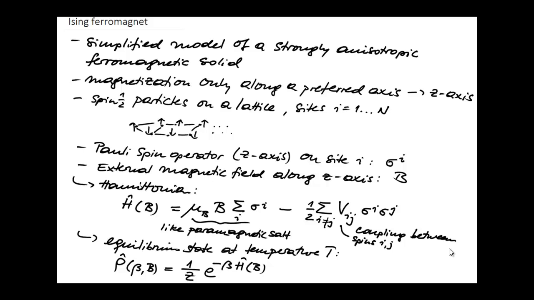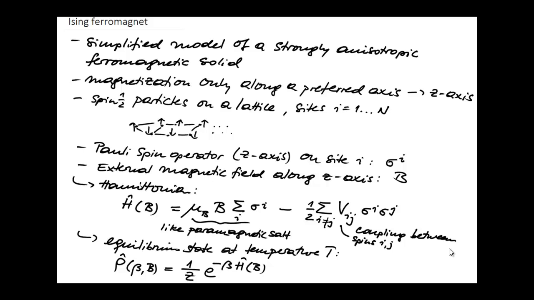Since we have only this preferred direction, we always mean the Pauli spin operator along the z-axis, so we don't write this explicitly. We just denote it by sigma_i. That's the Pauli matrix or spin operator along the z-axis for site i. And then we apply an external magnetic field. Also, that external field is always understood to be along the z-axis, and it has magnitude B.